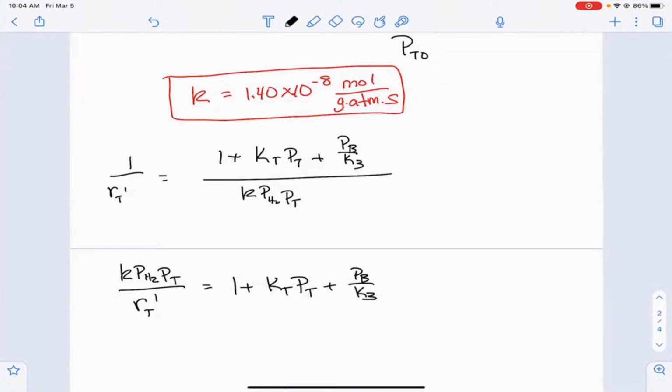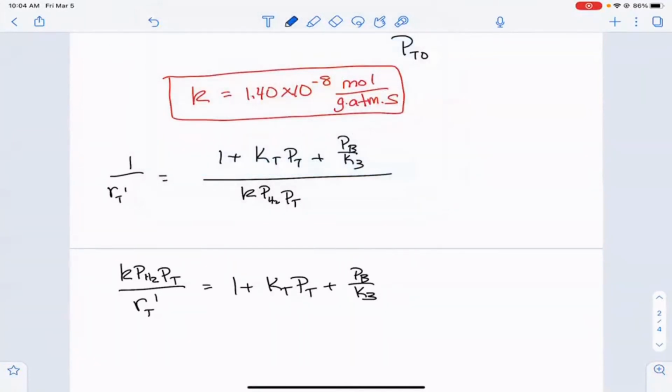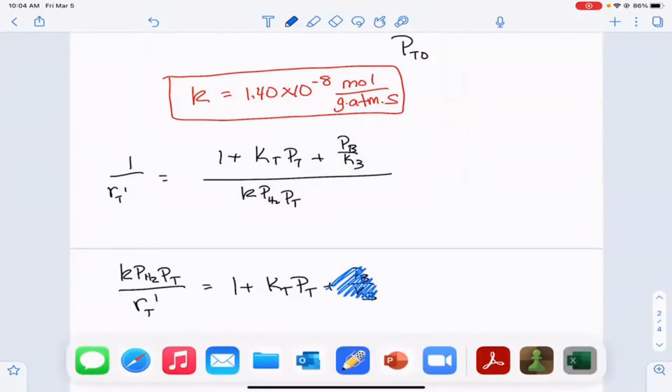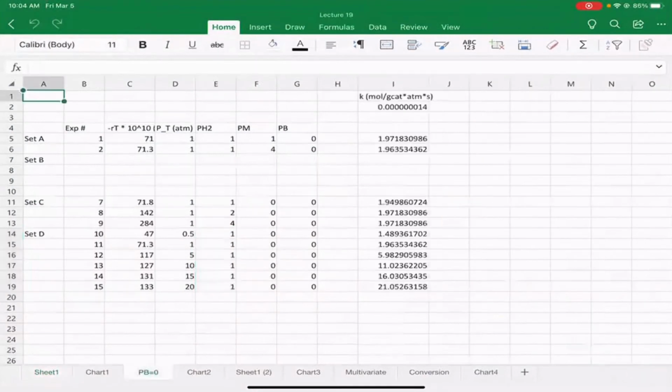The nice thing about this is that we're using the cases in that previous data set where PB was equal to 0. So essentially we went from the full data set to a subset of the entire data set where PB is equal to 0.